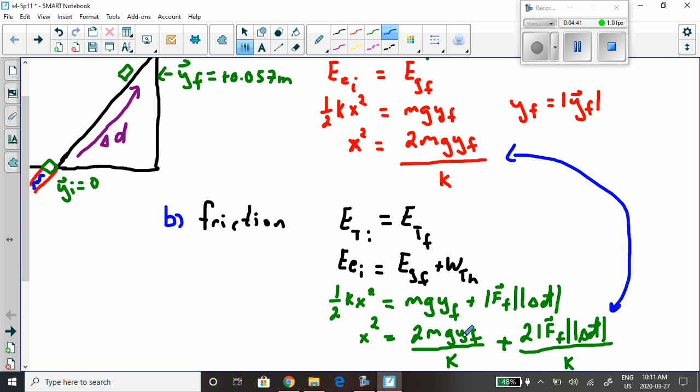With friction, you still have that term plus more. So if you want to get it to the same height as this occurred without friction, you're going to have to compress it more. These are going to add up. This original term plus that will give you a larger x squared and therefore a larger x, meaning you have to compress the spring more if you want it to get to the same height where there was no friction.